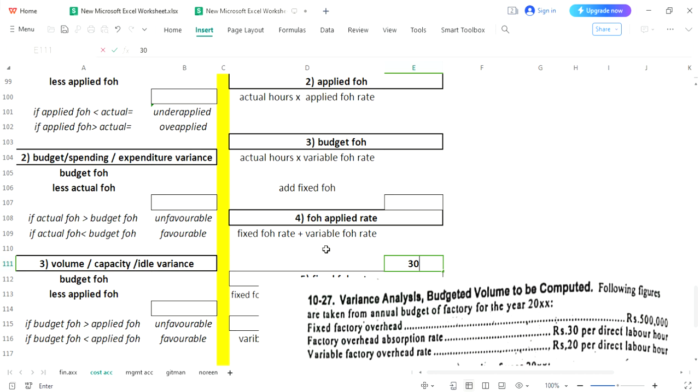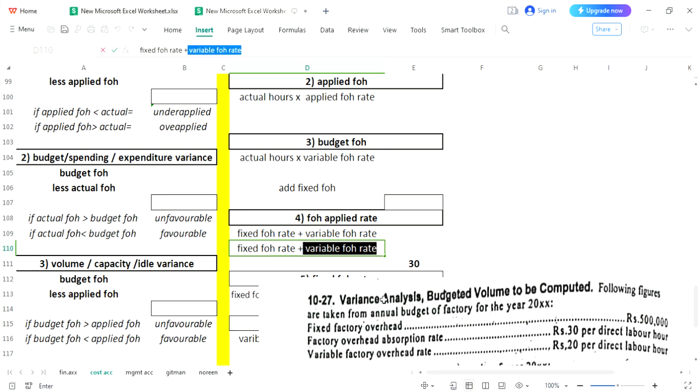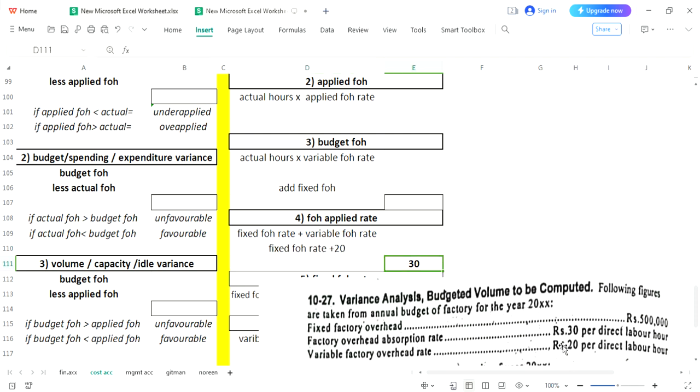Alright. So next thing to be discussed is variable FH rate is 20. Fixed FH rate is not given in the question. So how will you proceed? Fixed FH rate is not given. You will add your variable FH rate, which was given as 20, and total applied rate was also given as 30.